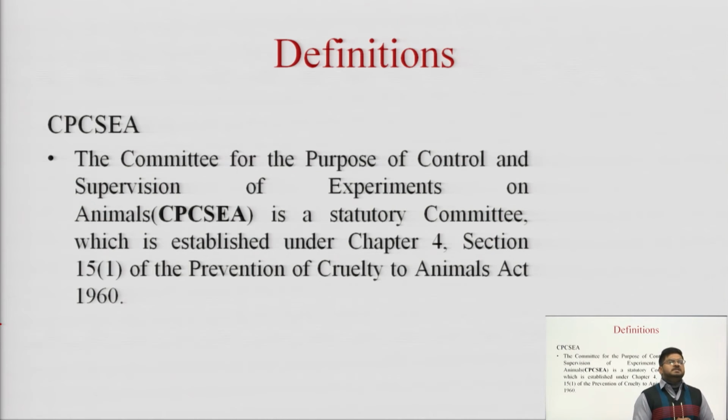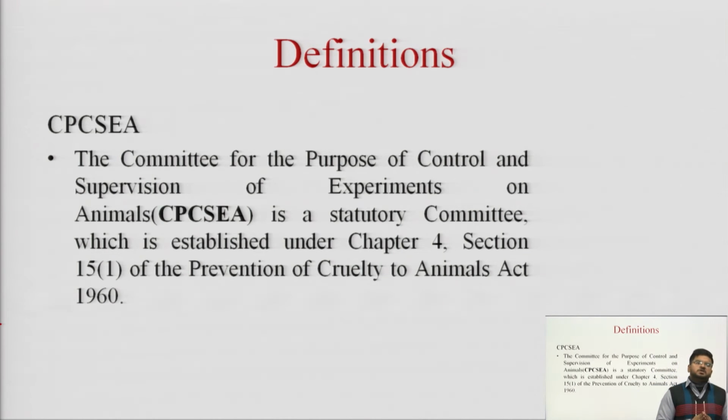So, CPCSEA is the Committee for the Purpose of Control and Supervision of Experiments on Animals. It is a statutory committee established under Chapter 4, Section 15(1) of the Prevention of Cruelty to Animals Act, 1960.